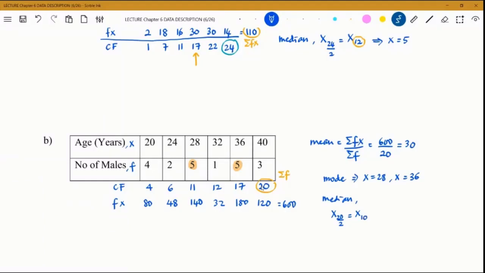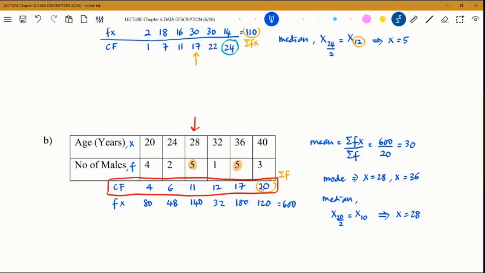Okay, so observation yang ke-10 kita akan refer kepada cumulative frequency. So dia jatuh pada bahagian mana? Ini baru 4, baru 6. Dia terjatuh pada 28. We have X equal to 28. Okay. Alright, so that one example 4B.